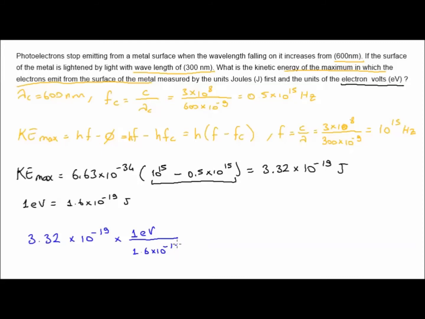The 10 to negative 19 and 10 to negative 19 are going to cancel each other. The result is going to be 2.075 electron volt.